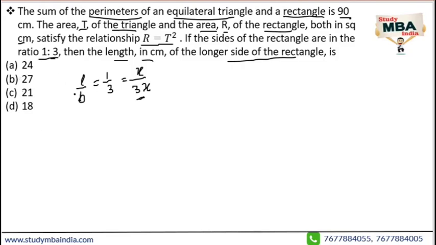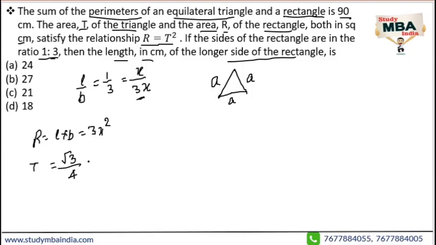So the area of the rectangle is what? Length into breadth. So R is basically length into breadth, and if the length is x and the breadth is 3x, we can say this is 3 times x square. And for the equilateral triangle, if I say the side is a, the area T will be equal to root 3 by 4 times a square.